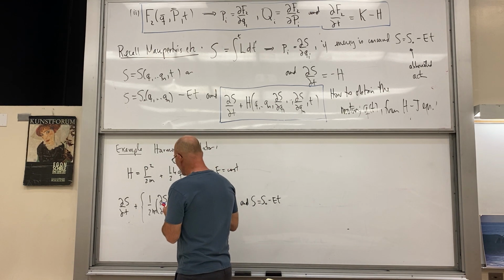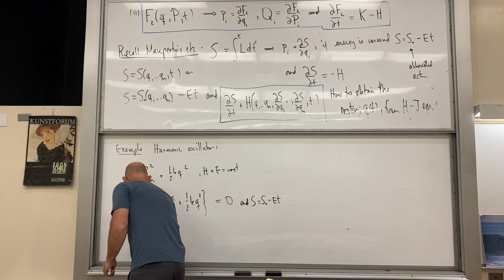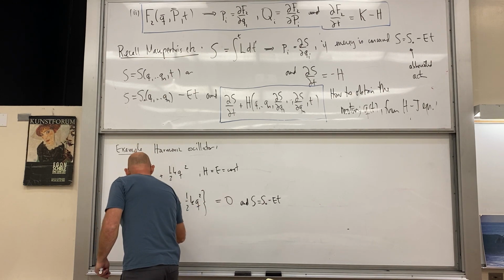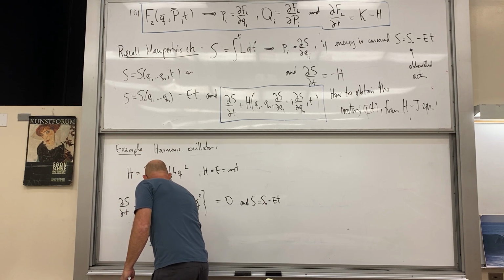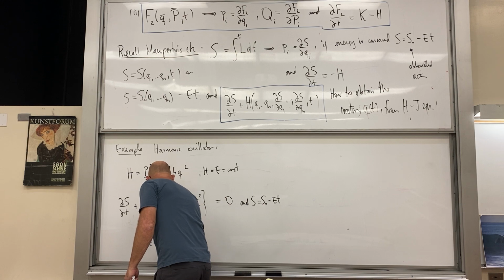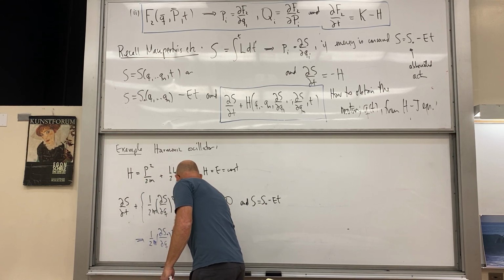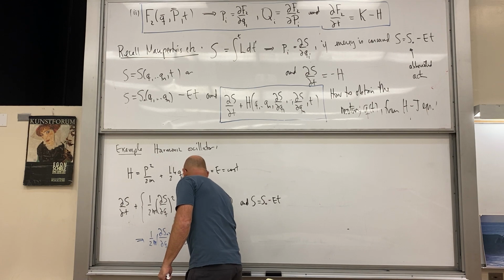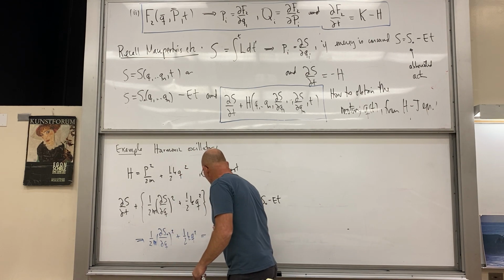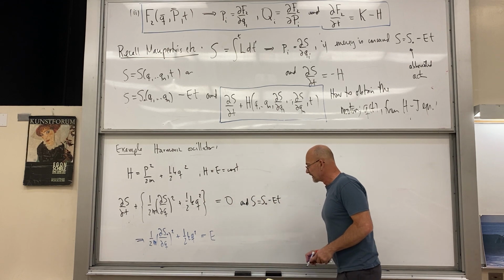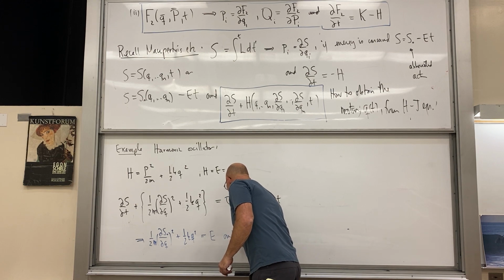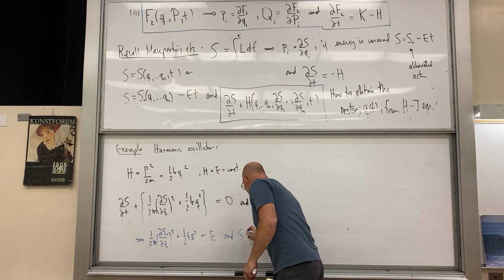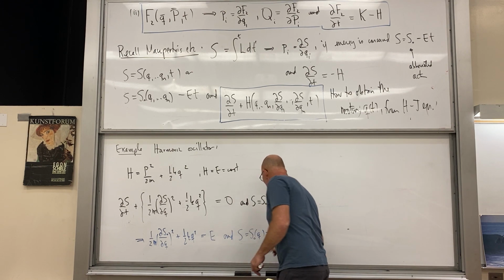I can take it one more step and bring the minus E to the other side, so I'll have 1 over 2m (∂S0/∂q) squared plus 1/2 k q squared equals E. That's what we would do because we have conservation of energy. And S equals S0 of q minus E times t when we're all done.